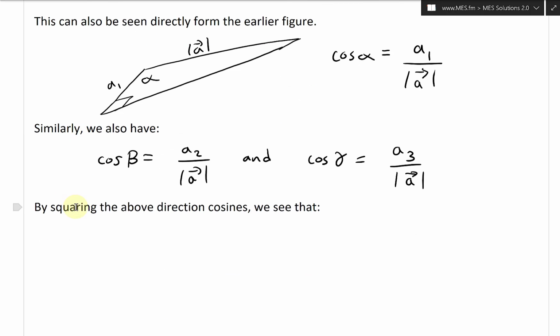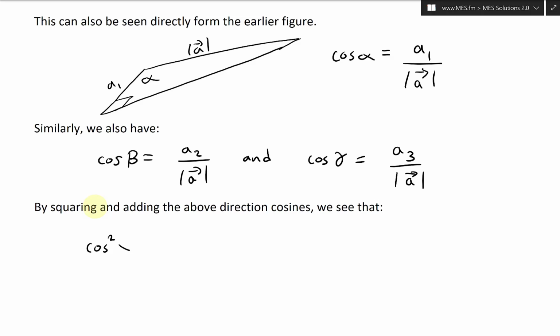Alright, so now going further, by squaring and adding the above direction cosines, we see that if we take every single one, cosine squared alpha plus cosine squared beta plus cosine squared gamma equals, well, notice every single one has this 1 divided by the length a.